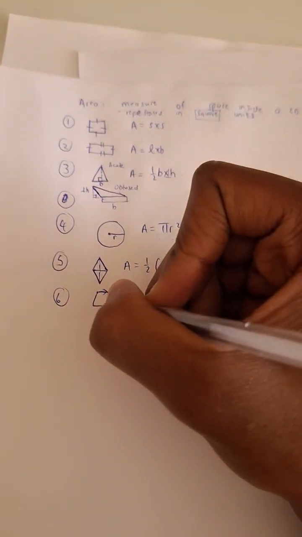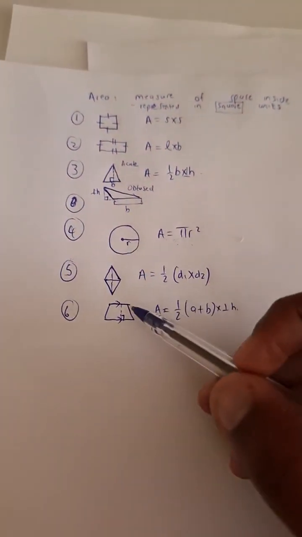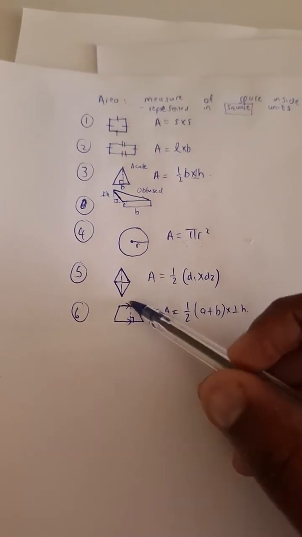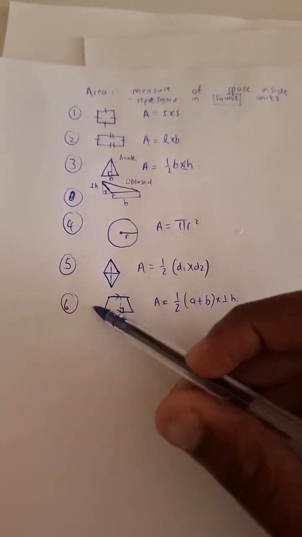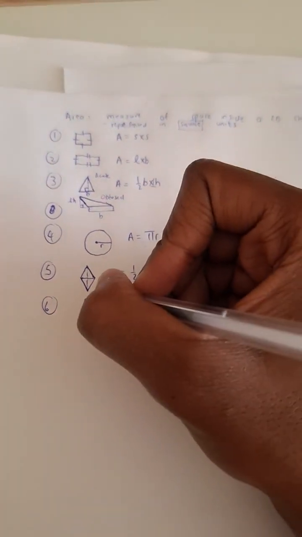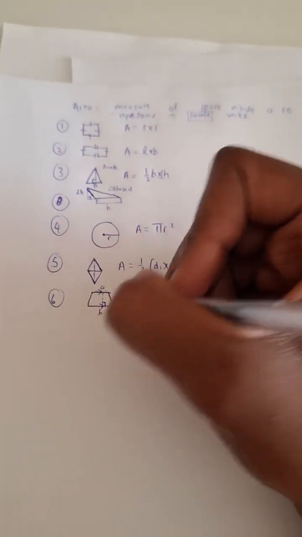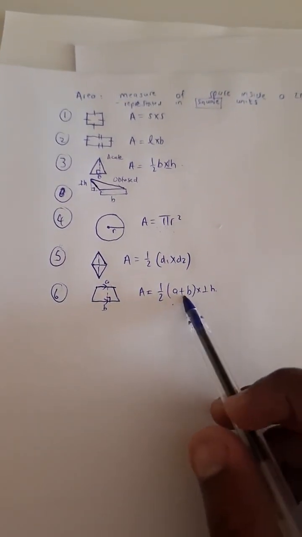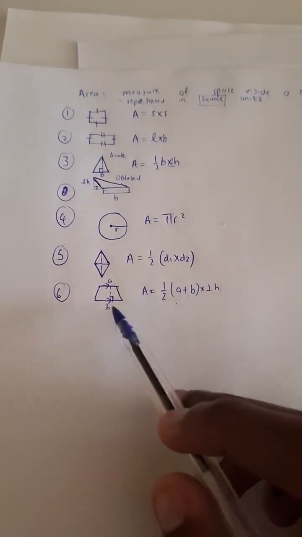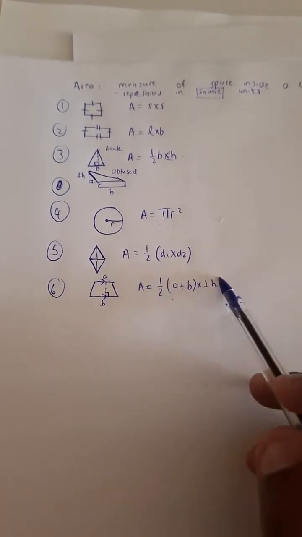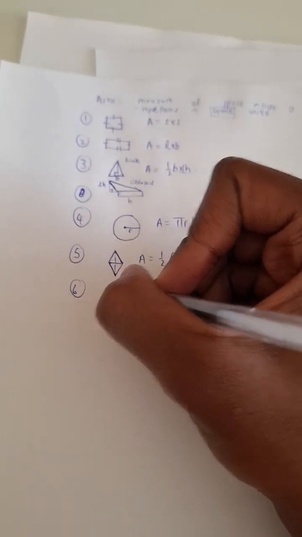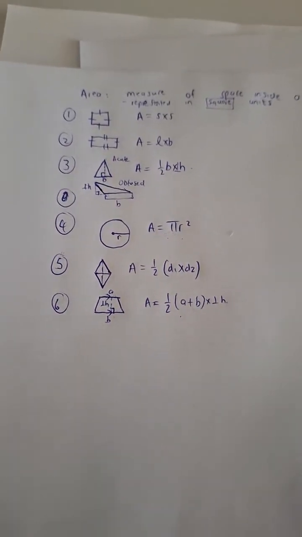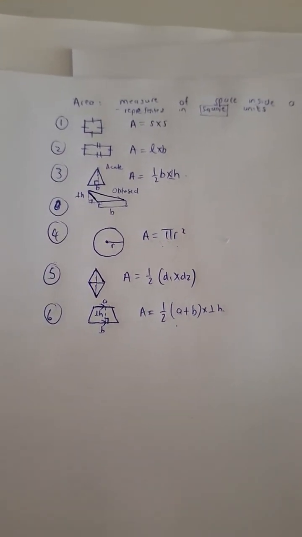Remember, perpendicular height is simply the vertical line from the top of the one parallel side to the other parallel side where the trapezium is concerned, and then a and b are simply the pair of parallel sides. So the sum of the two parallel sides times half times the perpendicular height, that's how the area of a trapezium is calculated.